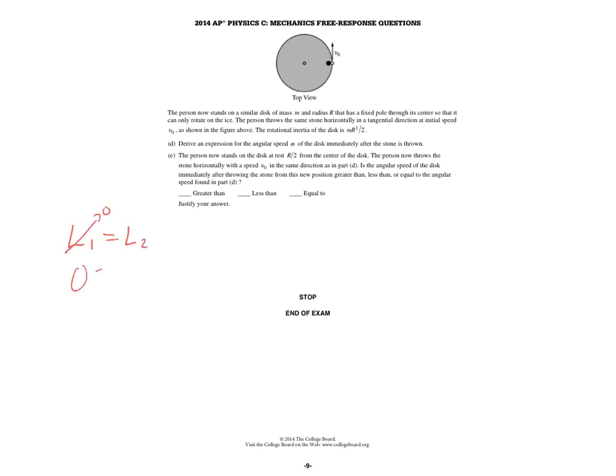This one's 0, so 0 has got to be equal to angular momentum 2, which in turn means that the angular momentum of the ball has to be equal to the angular momentum of the other stuff. Okay, so how do we figure out the angular momentum of the ball since it's not necessarily spinning? Well, it's equal to mvr, the mass times the velocity that it's thrown times the radius that it's thrown at.